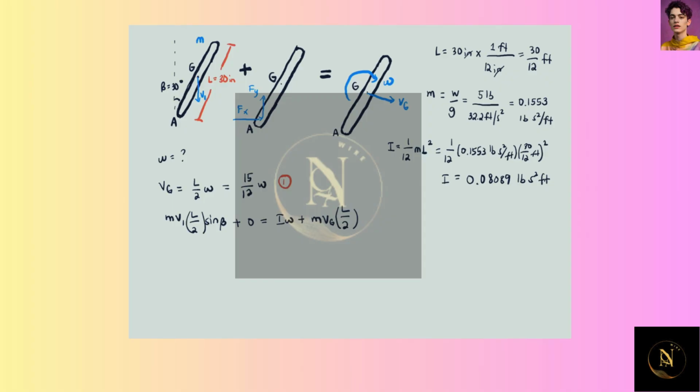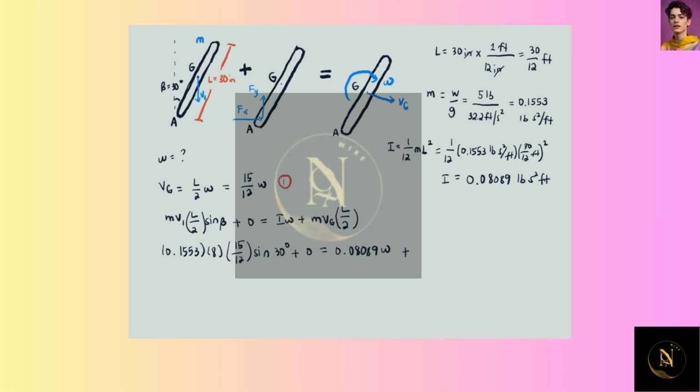Substituting the given values and the equation that we got for Vg, equation 1, this will become 0.1553 times 8 times 15 over 12, then times sine 30 degrees plus 0 equals, for the right-hand side, our moment of inertia 0.08089 omega.